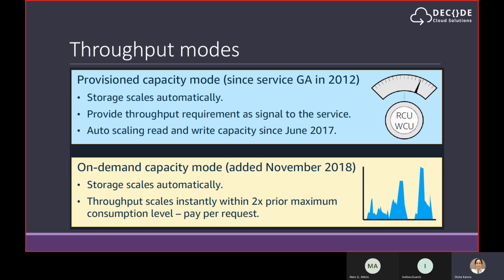In this case you do not have to give AWS any signal about how many reads and writes you anticipate using, and AWS also doesn't have to be watching your CloudWatch metrics to determine when and how to scale out. In this mode you also pay per request, so you are always at 100% efficiency.